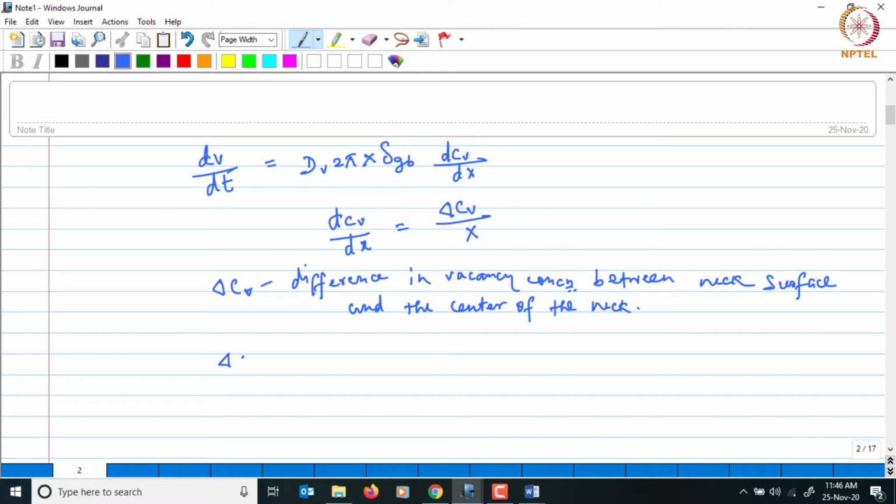And this is given as C_V minus C_V0, where C_V0 is the vacancy concentration at the center, which is assumed to be equal to the concentration under a flat stress-free surface.